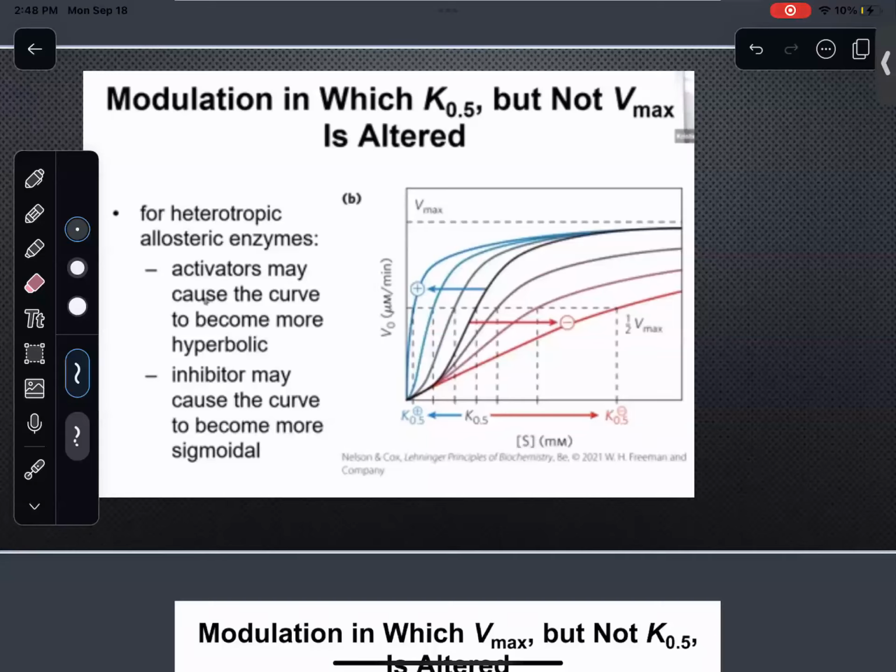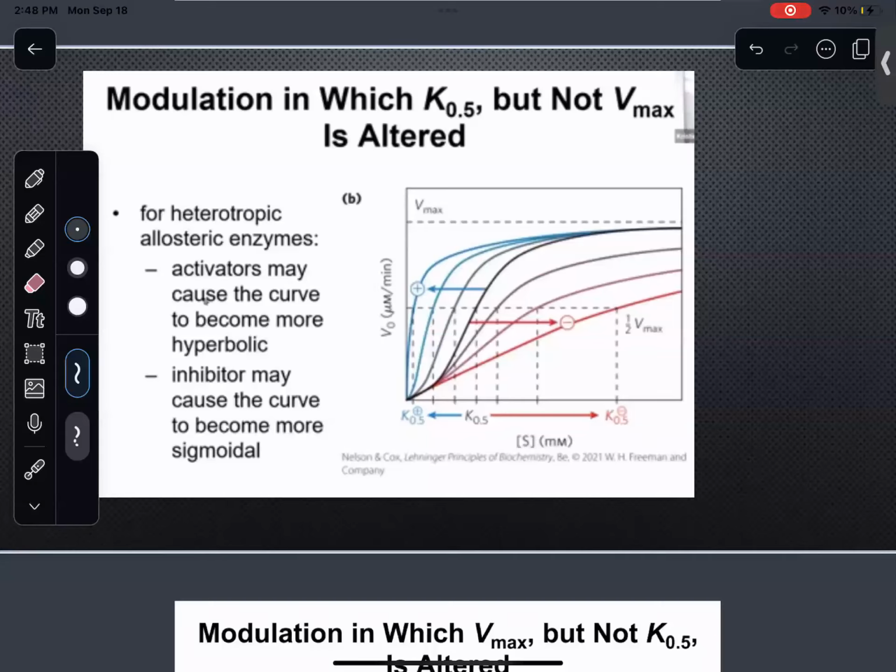Okay. For heterotropic allosteric enzymes, the activators may cause the curve to become more hyperbolic. So a positive modulator, this is a positive modulator, will cause a shift to the left.